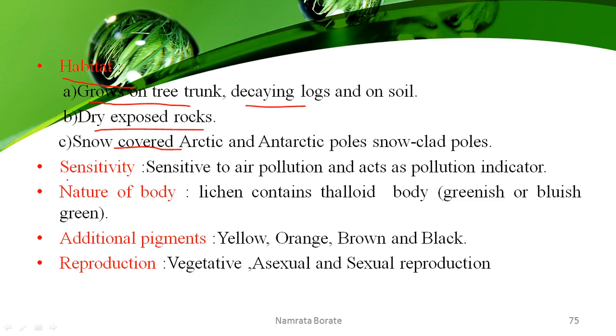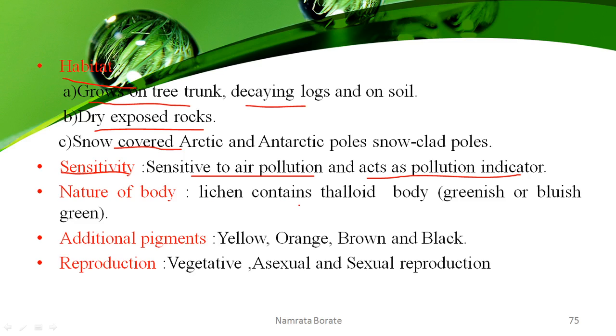The most important characteristic of lichen is its sensitivity. Lichen is sensitive to air pollution and acts as a pollution indicator. In an area where there is pollution, the lichen does not grow. But in a pollution-free area, there is growth of lichen.